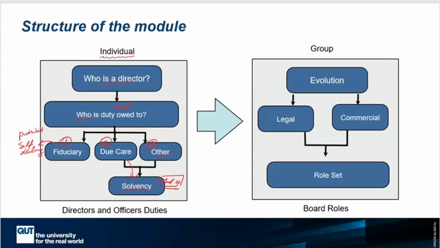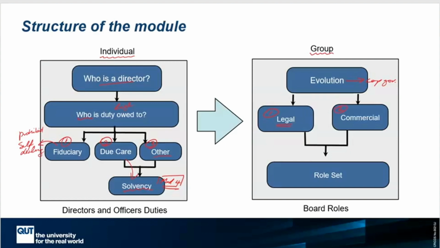In terms of the group or the board, I want to go through the evolution of corporate governance over history because really that shows how the role of the board has actually changed. And then we're going to deal with 2 broad issues. 1, what does the law say a board needs to do?